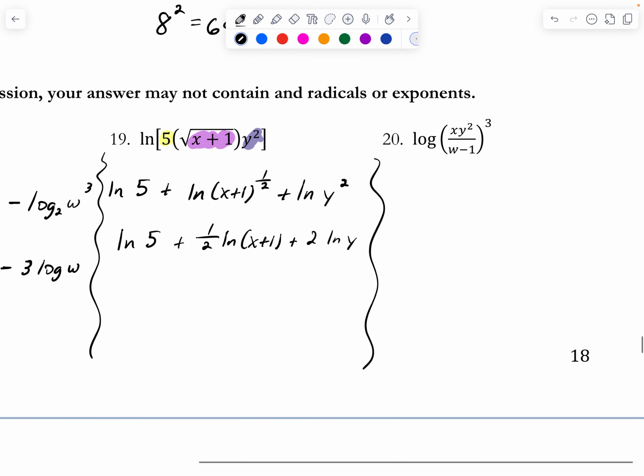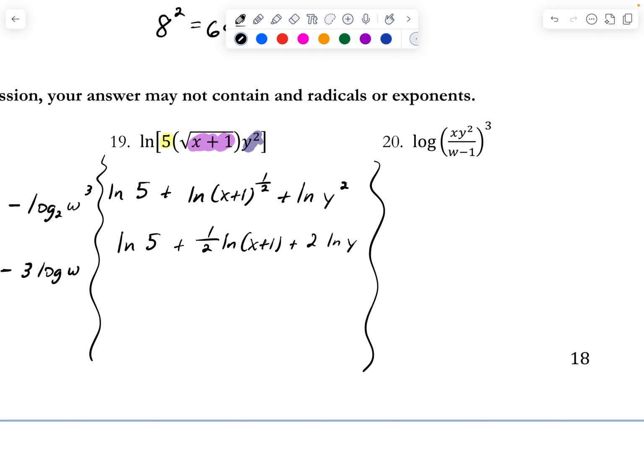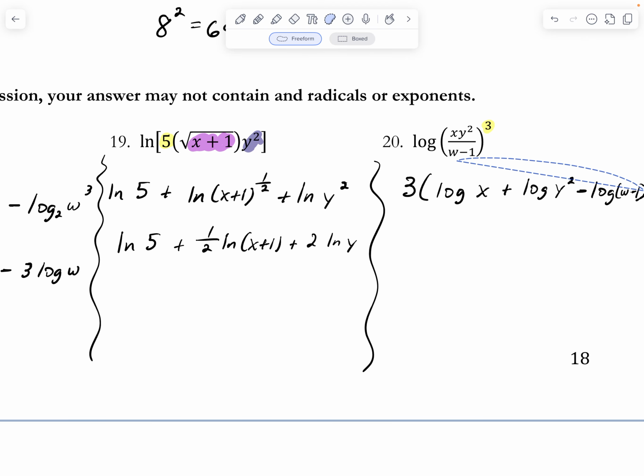All right, last one. Because of this 3 up here at the beginning, I'm going to have a 3 in front of all of my logs. So log of x plus log of y squared minus log of w minus 1.